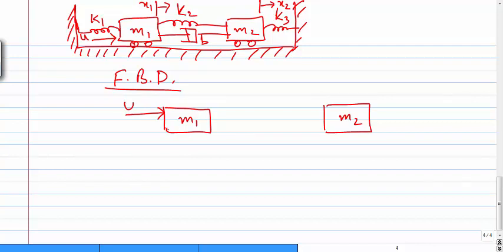So what are the forces in the opposite direction? There are forces in the opposite direction, because this is moving with x1. One is due to the mass of the system, that is m1 times x1 double dot. What about the other two forces? One is due to this spring and damper, and there's another spring.